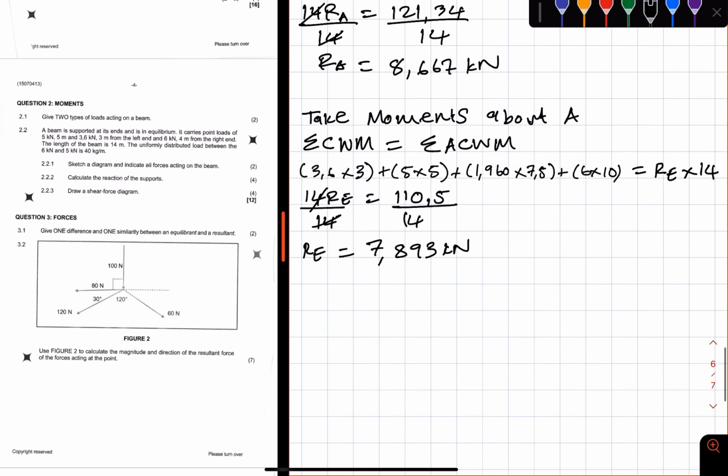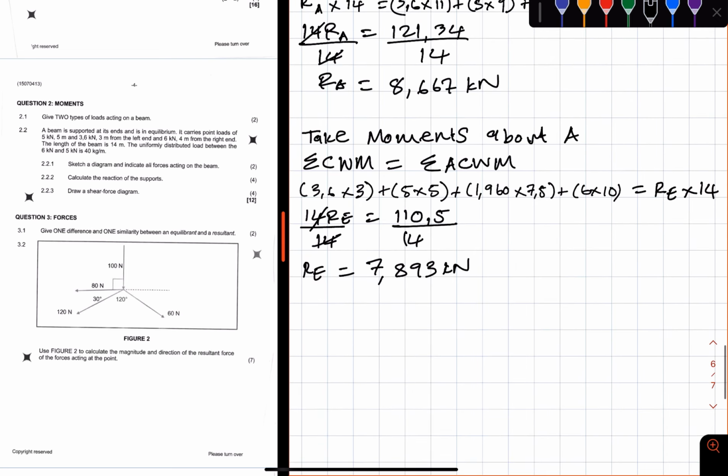So now we use Newton's third law of motion to see if our beam really is in equilibrium, right? If it is in equilibrium, then forces going up must be equal to forces going down. So let's prove that. Sum of forces going up is equal to sum of forces going down, right?